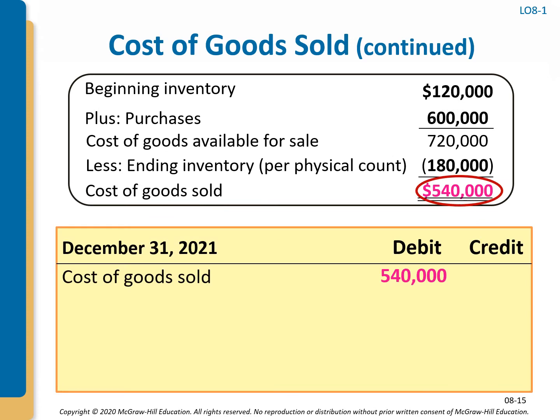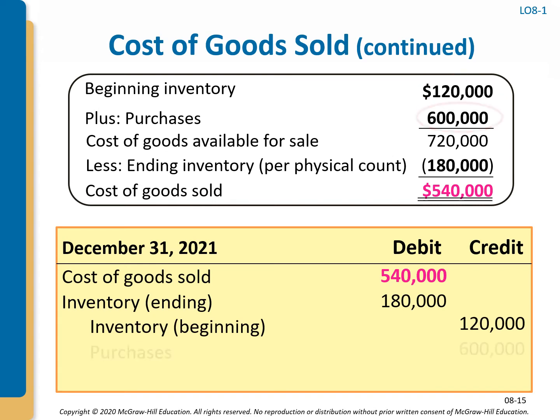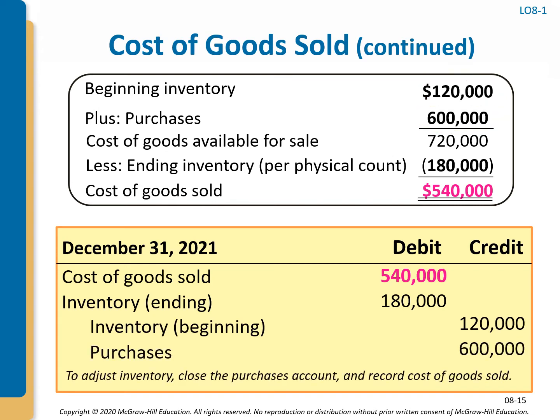So a review. We start at the end of the period when all is said and done. Then the company will record cost of goods sold as well as balance out the inventory account. So cost of goods sold is increased, because it's an expense, with a debit of 540,000. The ending inventory account is 180,000.